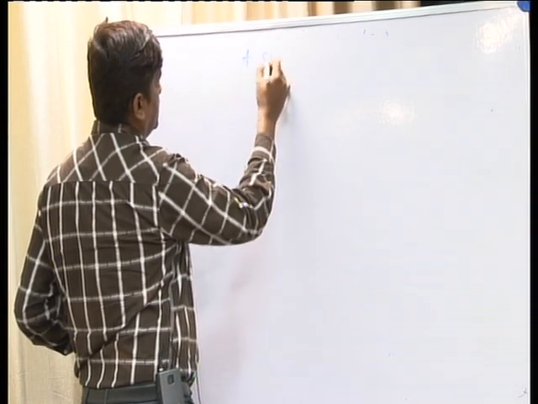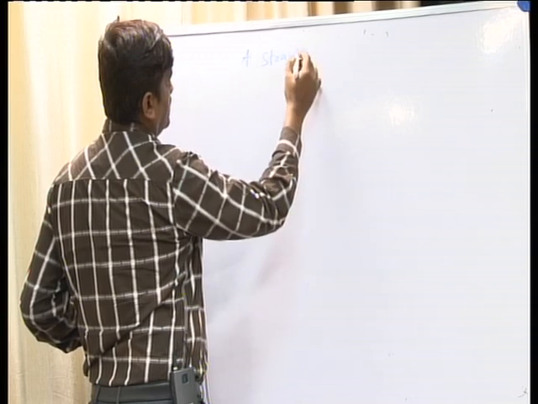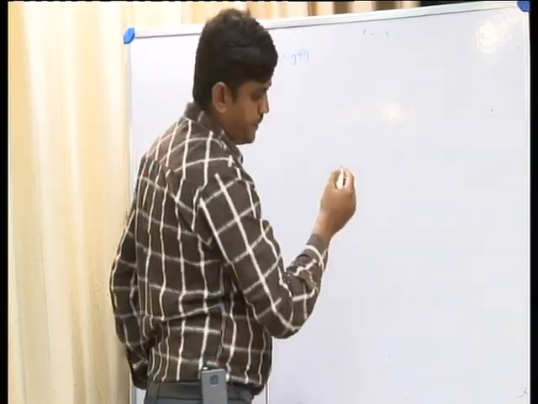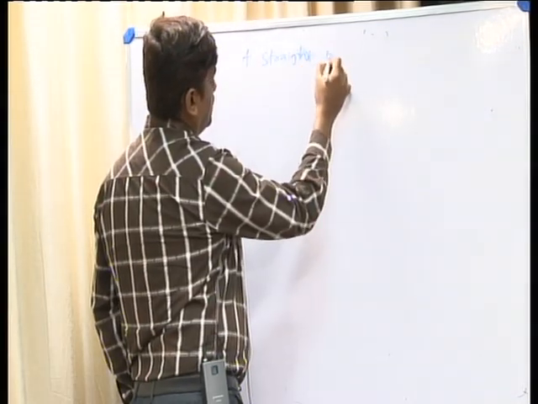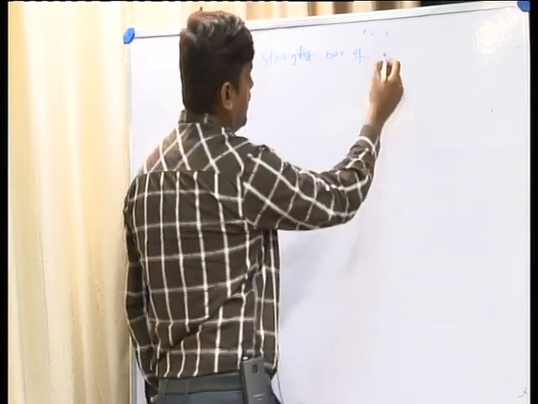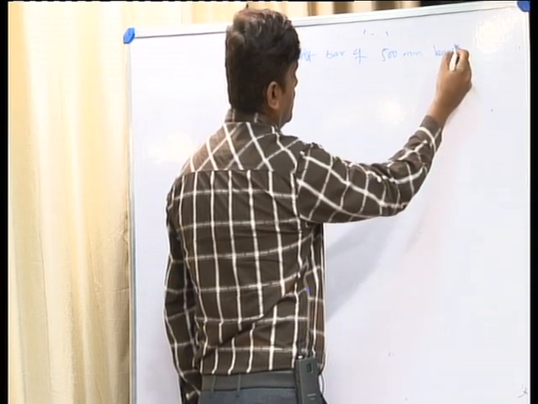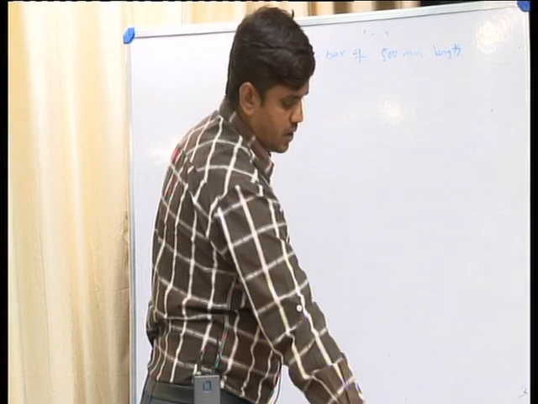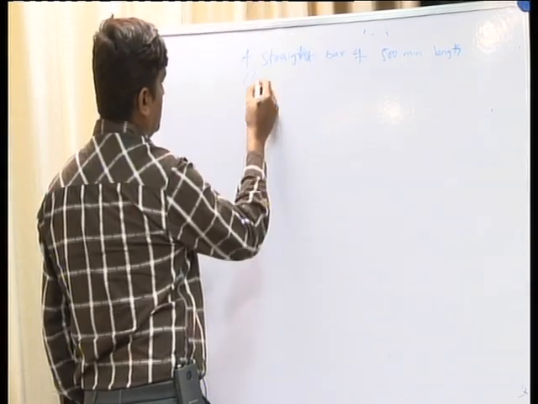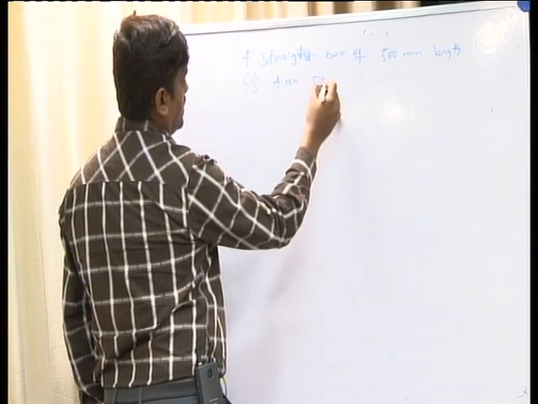A straight bar of 500 mm length with the cross sectional area 500 mm square.